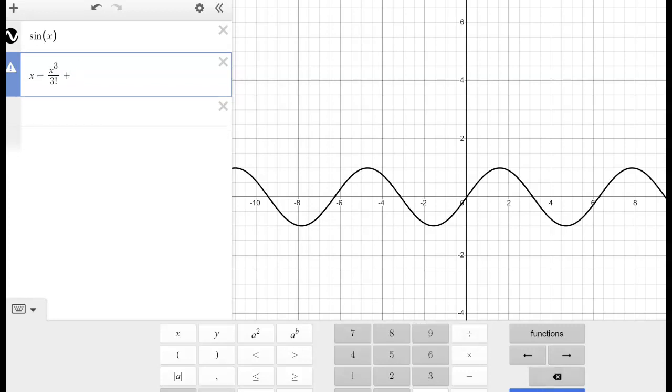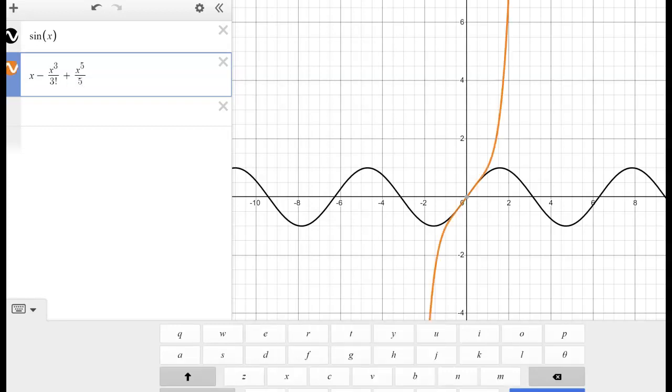Sorry about that, my thing got all screwed up. There we go. x to the 5th divided by 5 factorial. It should be 120. Look at that. It just started to loop a little further.